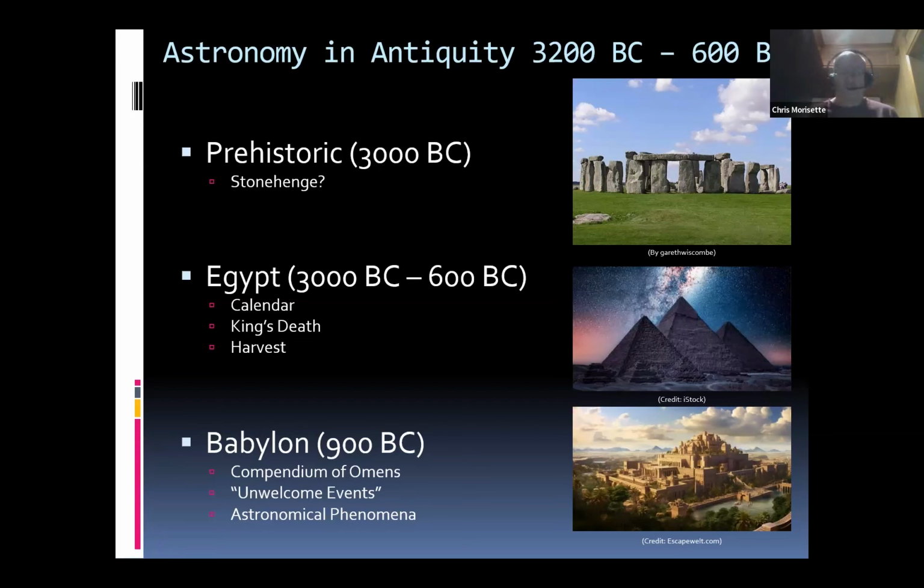The Babylonians were alert to omens, and in our day, an omen would be a broken mirror or a black cat walking in front of you, something of that nature, and that would be a precursor to an unwelcome event.